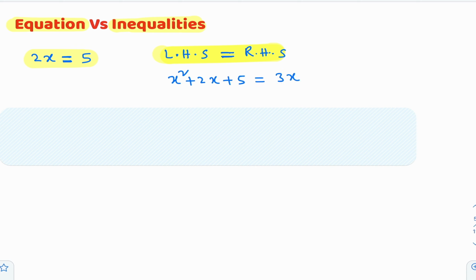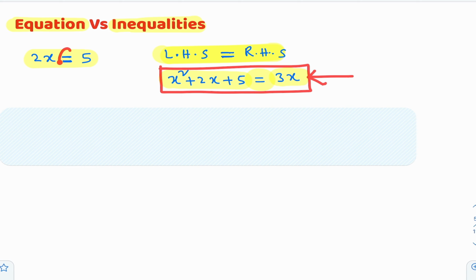Here, left hand side part is x square plus 2x plus 5, right hand side part is 3x. To relate these two, I used the symbol equal. So this is an equation. Further, we can simplify this. Between two real numbers or two algebraic expressions, if we use the symbol equal, then it forms an equation.